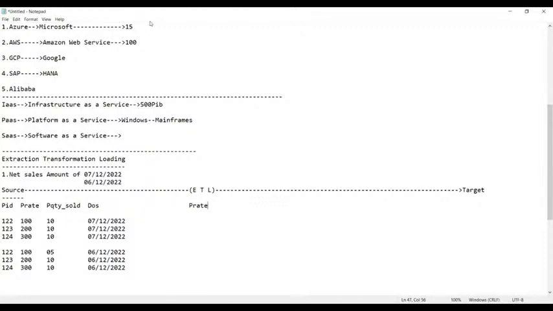Now tell me, do we require the product quantity sold or not? Of course, we require it. Product quantity sold, QTY sold. Now tell me, do you require the date of sales or not?